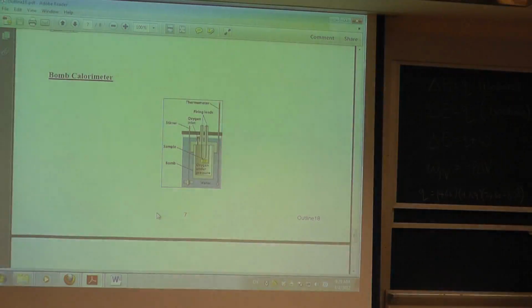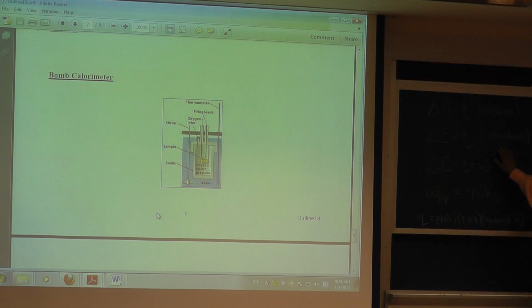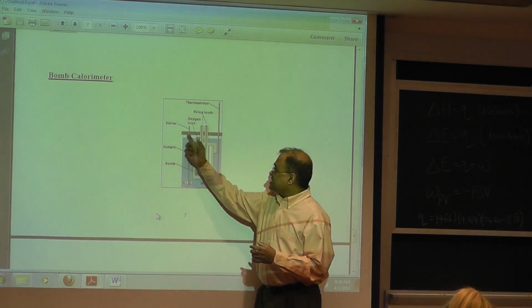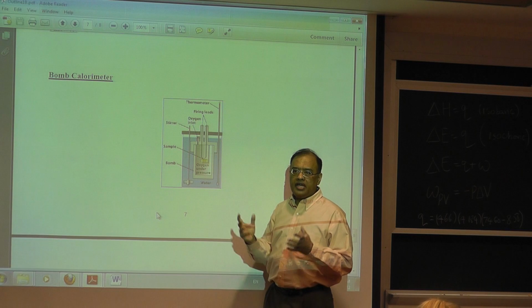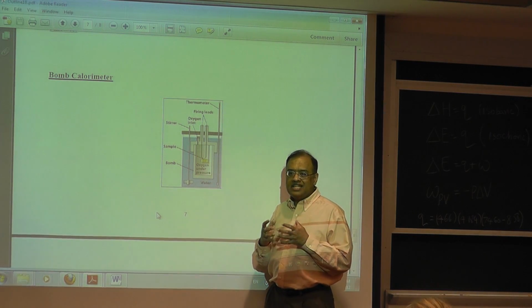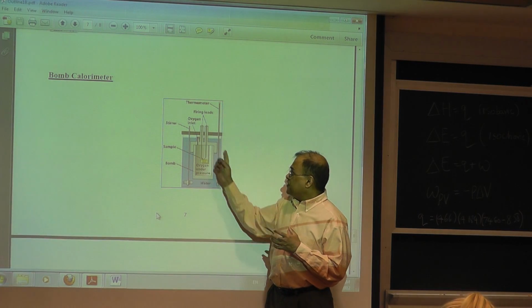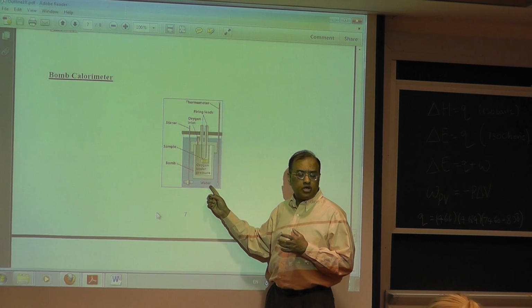All right, let's look at the bomb calorimeter. The bomb calorimeter is isochoric, constant volume. Why is it constant volume? Because this container is a rigid iron container, stainless steel container. We'll fill this stainless steel container with oxygen to about 30 atmospheres.